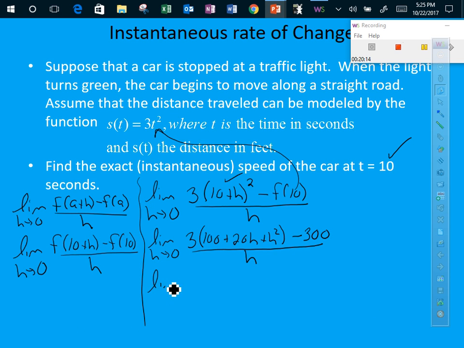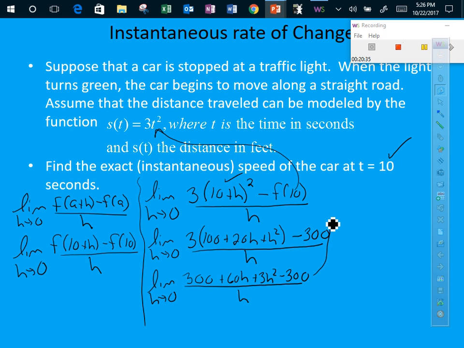Now guys, it's just algebra from here. The limit as h approaches 0, I'm going to distribute. I've got 300 plus 60h plus 3h squared minus 300 all over h.